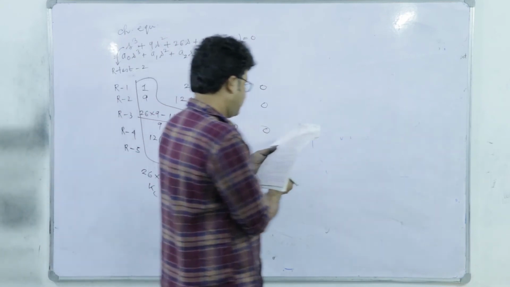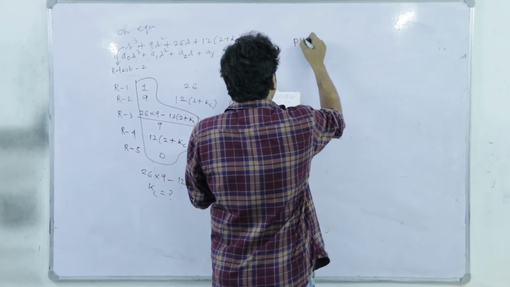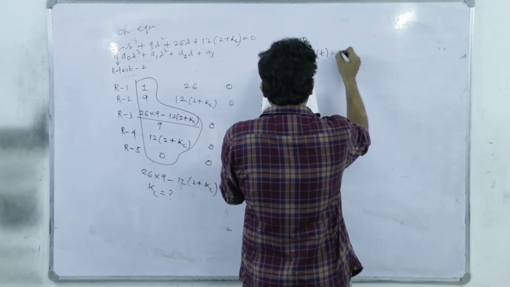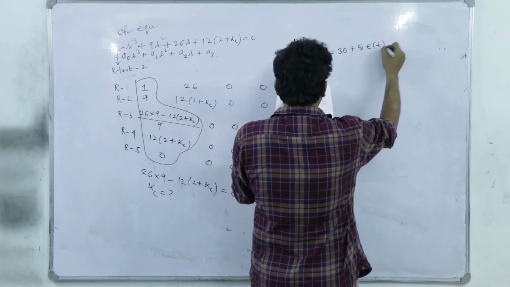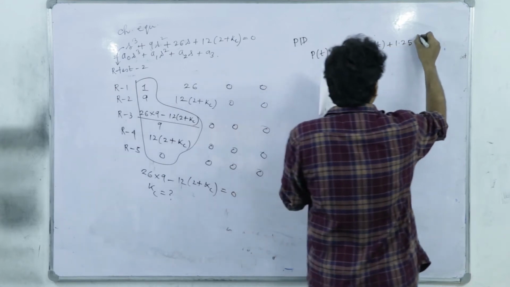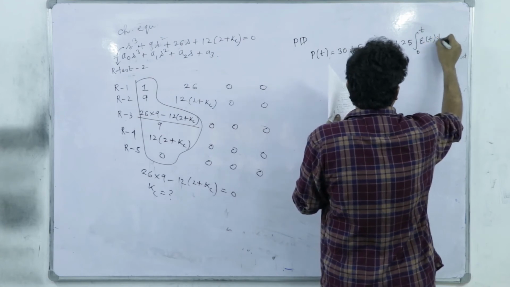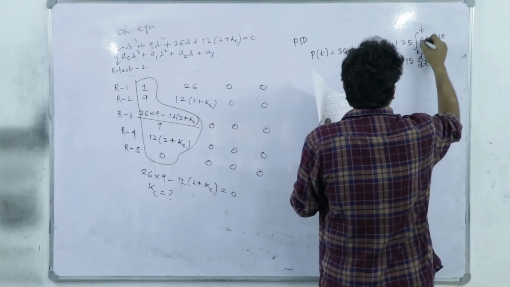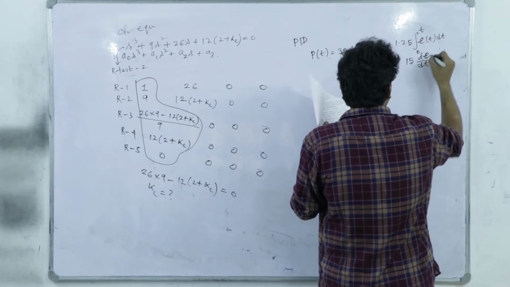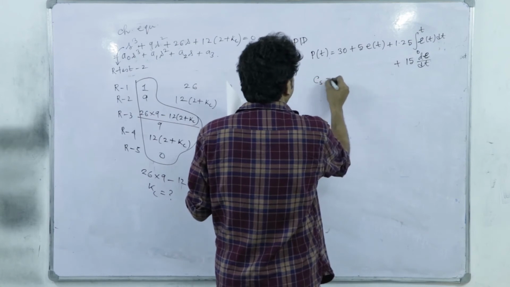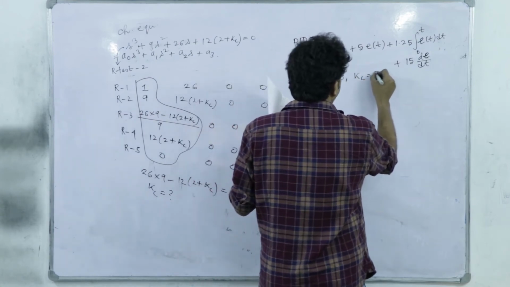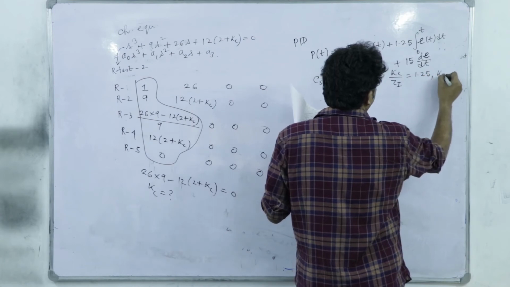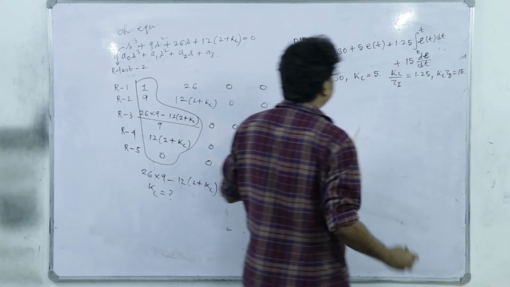So, a linked question is given. A PID controller output in the time domain is given by P(t) equal to 30 plus 5 into E(t) plus 1.25 integral from 0 to t of epsilon(t) dt plus 15 into de/dt. Here the error is represented as E. So we can understand that the bias signal Cs is 30, Kc is 5, Kc by tau I is 1.25, Kc tau d equals 15.